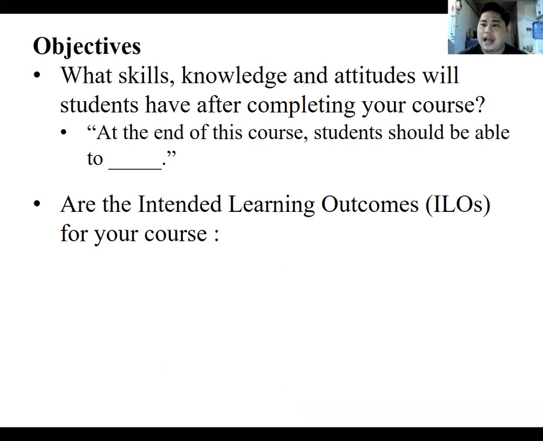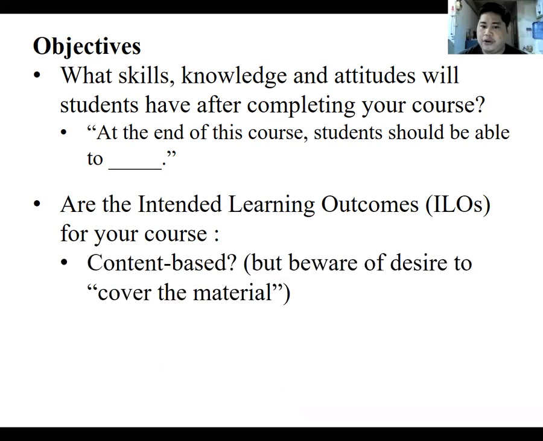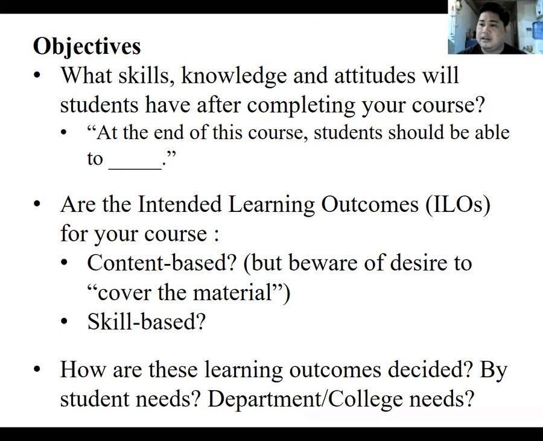Next are the intended learning outcomes, or the ILOs, for your course. Since you are using content-based, beware of the desire to cover the material. If it's skills-based, we can use, just like in TESDA, learning competencies, the tool they use in assessing their students if they are competent or not competent.